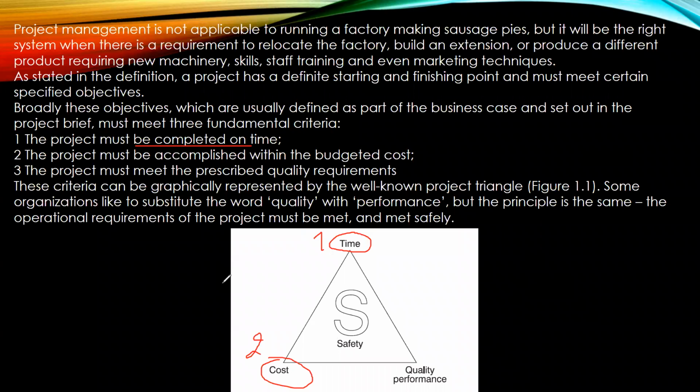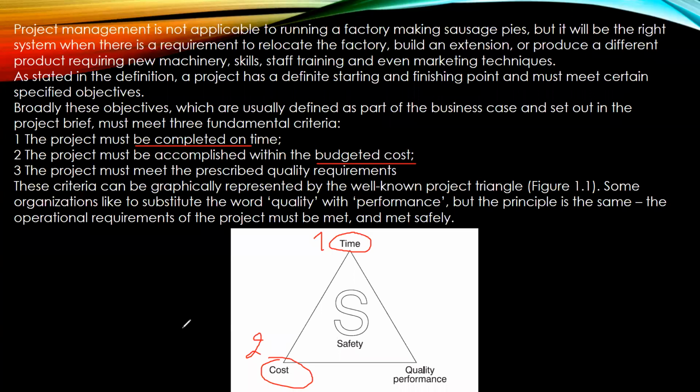So whenever your target is a certain project and you have a certain budget to work with, you have to respect this budget and not exceed it, because this is going to cause financial problems. So the project must be accomplished within the budgeted cost.